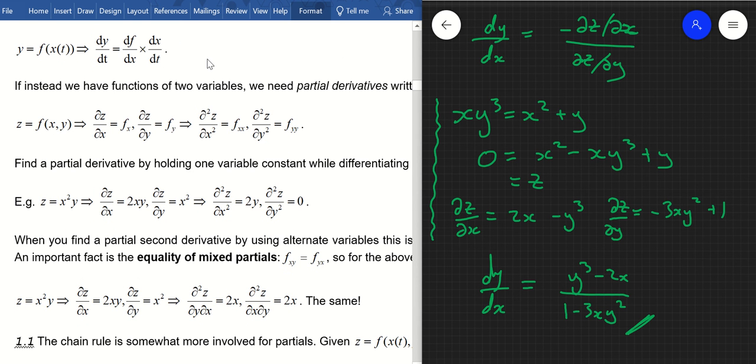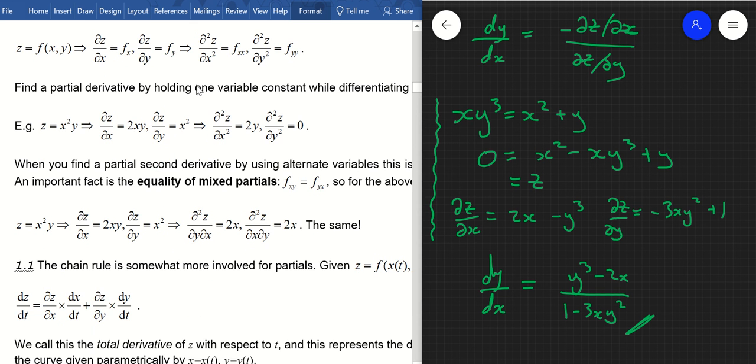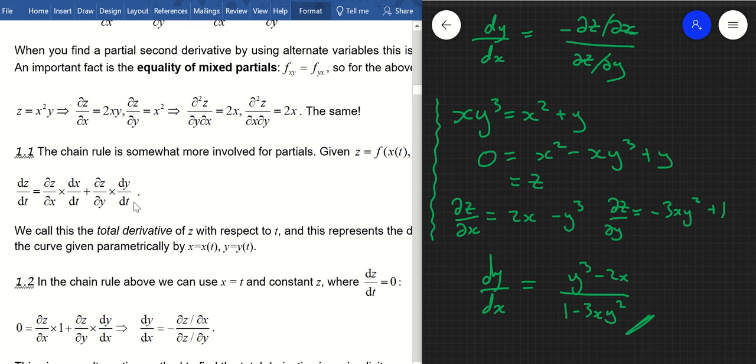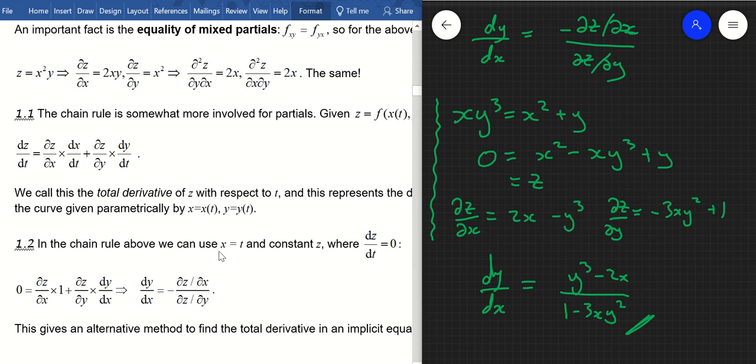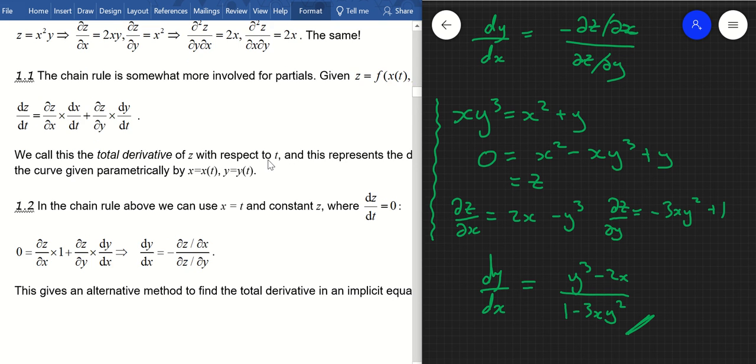We've got the chain rule for ordinary derivatives, and there's also the chain rule for partial derivatives when you've got two variables, x and y. In the appendix, you can see the chain rule when there are more variables than that, but we'll stay in the main notes with two variables for now.